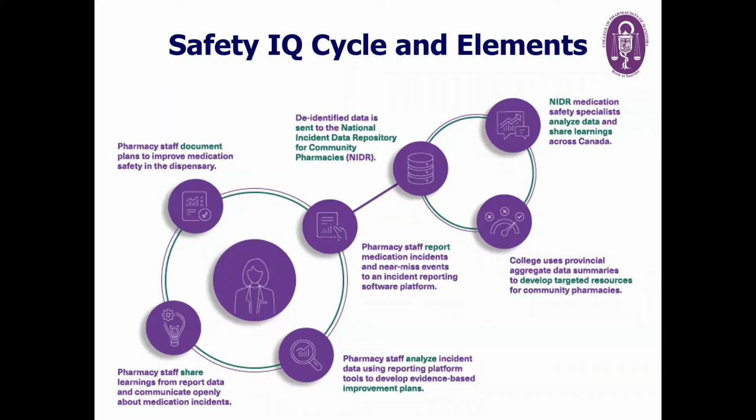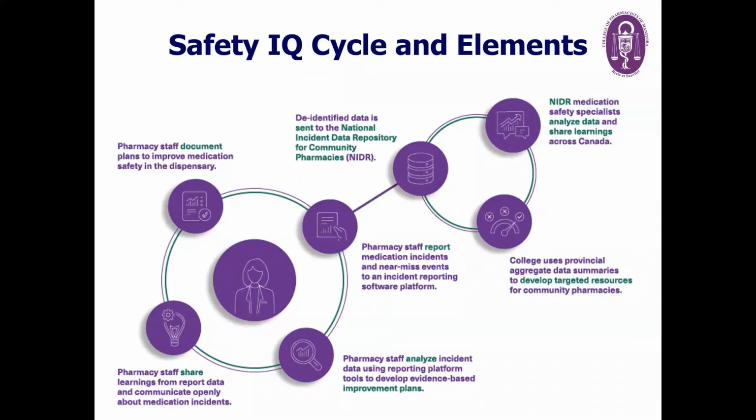Now, all these reports are de-identified with no patient or practitioner information and sent to the National Incident Data Repository housed at ISMP Canada. Medication safety experts at ISMP Canada analyze this collective data and share improvement recommendations with healthcare professionals across Canada through the ISMP Canada Safety Bulletins.